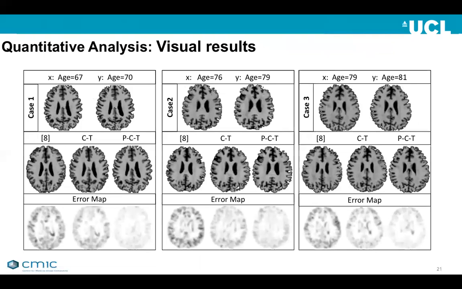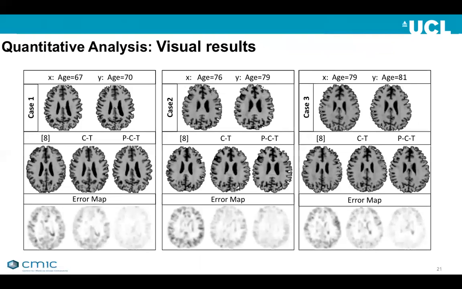Here are some more visual results. In the first line, we have the input image X and the real ground truth Y. The second line shows some of the synthetic images generated by different configurations of the framework or from the baseline 8.